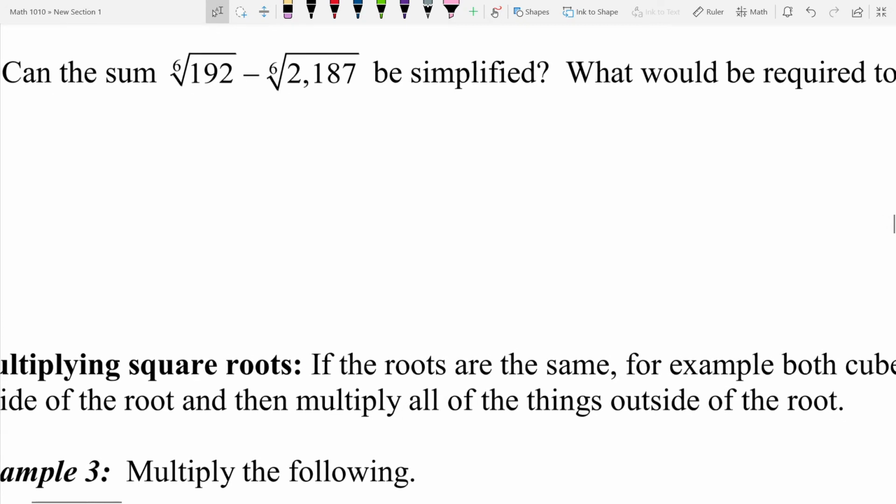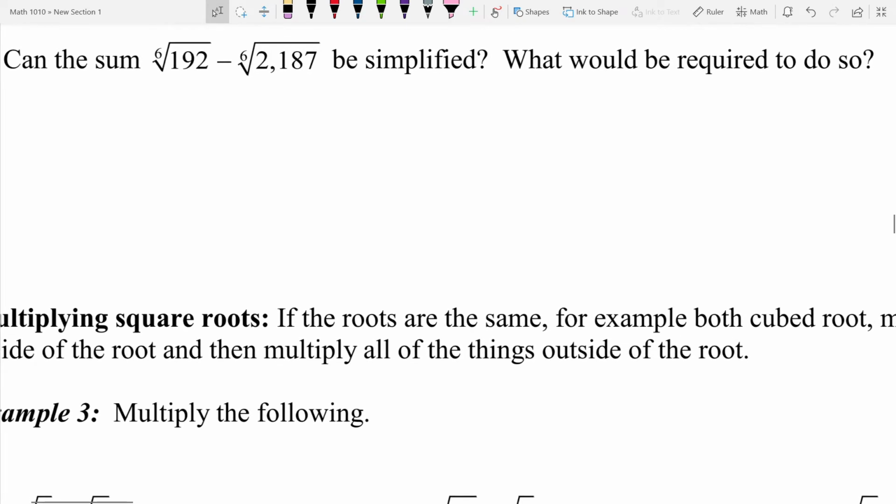Okay, can this be simplified? Basically, what they're saying is, can you add those together? What would be required in order for them to be simplified? I don't know. What would be required to do so?